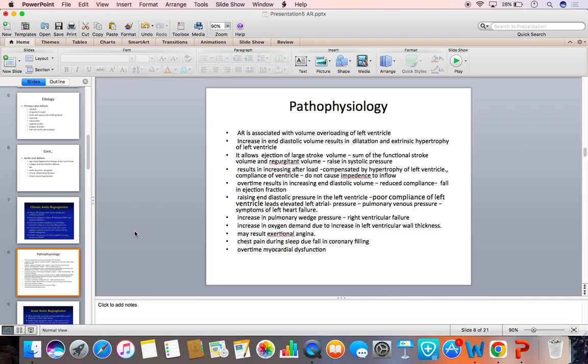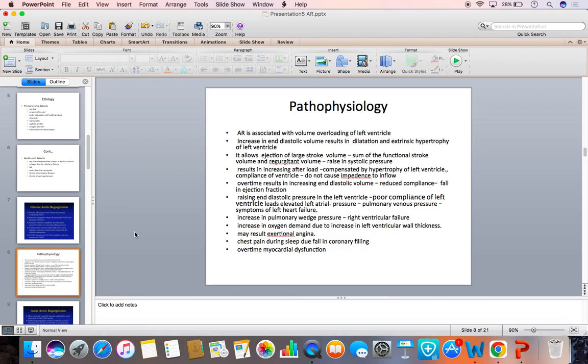It's the sum of the functional stroke volume and the regurgitated volume. That causes a rise in the systolic pressure, when the large stroke volume is pumped into the circulation. That results in an increase in the afterload.